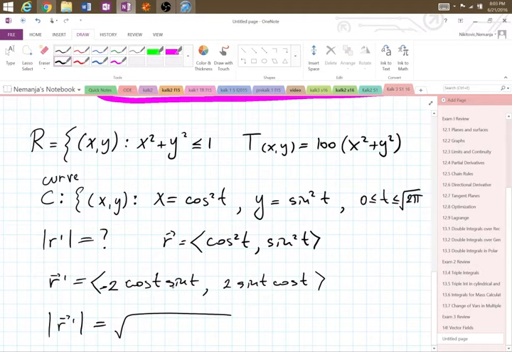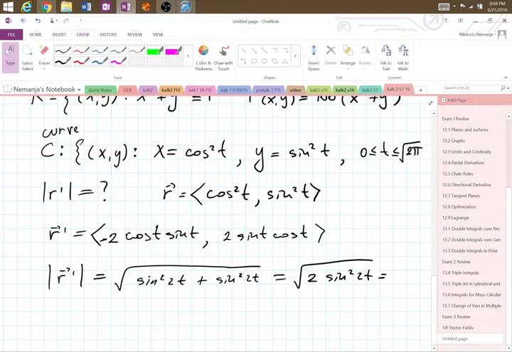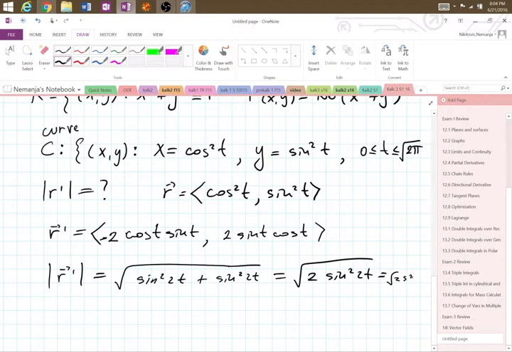So this is sine 2t, square that is going to be sine squared 2t, plus another sine squared 2t, which gives us square root of 2 sine squared 2t. When you take a square root, you get root 2 sine 2t.